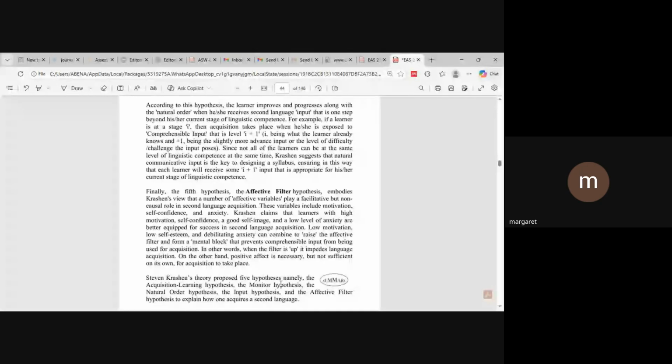Okay, you don't do anything to lower the child's self-confidence in the classroom. If that happens, the child cannot learn language. The child doesn't have that, how do you call it, freedom and confidence to learn the language. All right. Also, if there are factors in the home that are affecting the child, the filter will rise and the child cannot learn anything. All right.